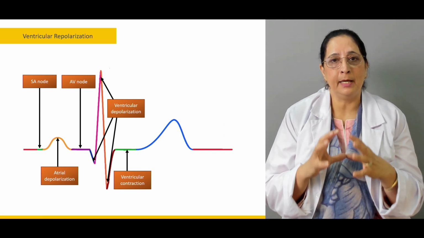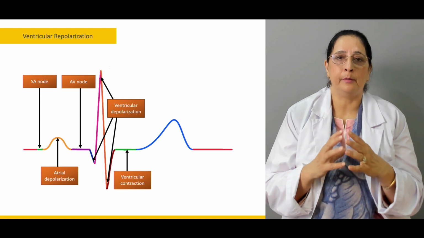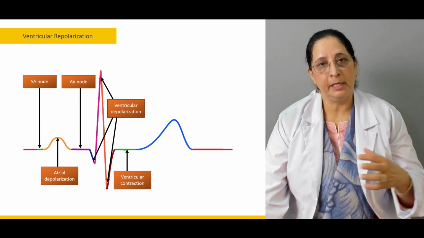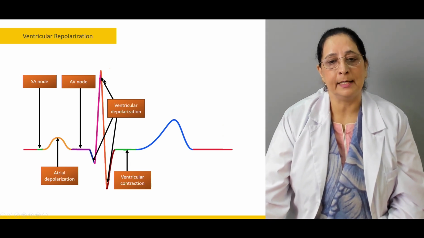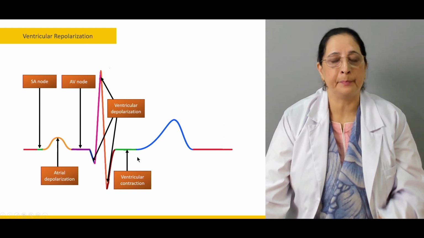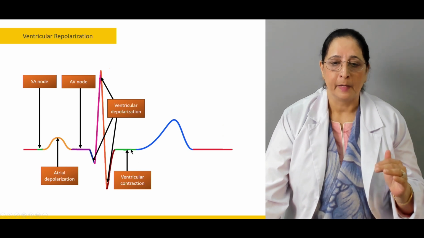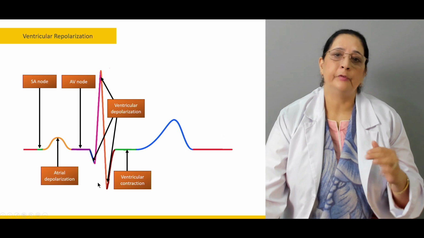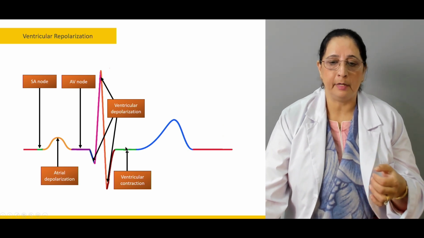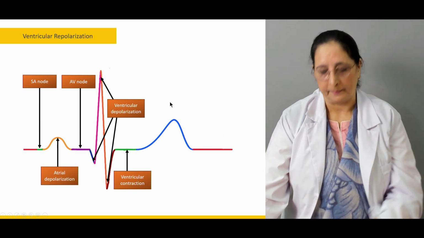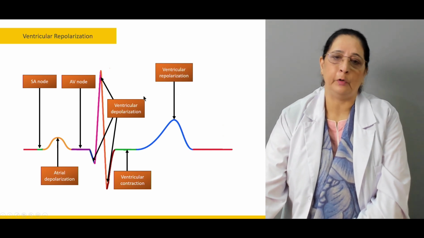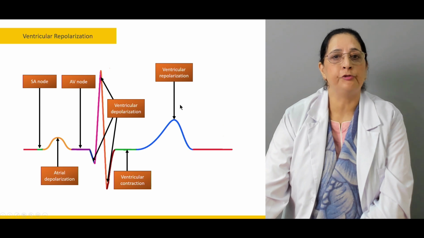The ventricle is a big muscular structure, the big lower chamber of the heart. So the contraction of the ventricle takes the maximum space on the cardiac cycle. So all this is the QRS complex, ventricular depolarization, then we have ventricular contraction. And then this T wave is the repolarization of the ventricle.